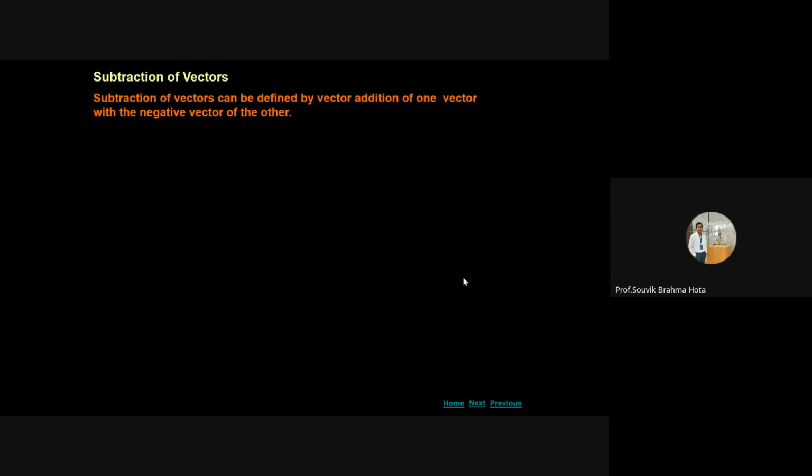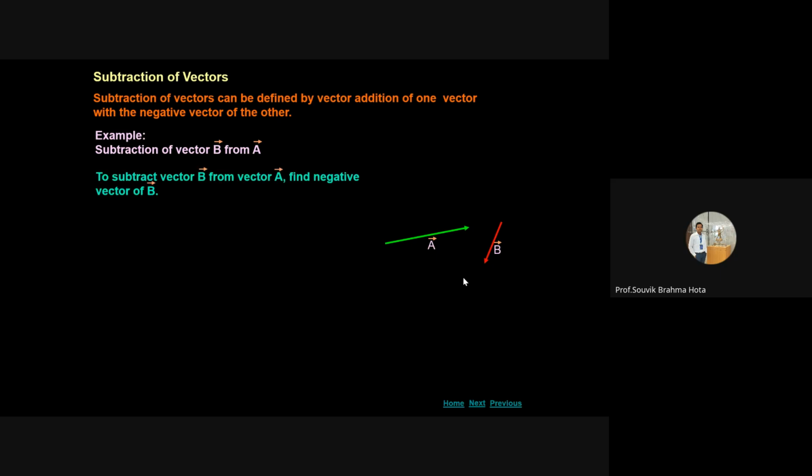Now the subtraction of vectors. Subtraction of vectors can be defined as the vector addition of one vector with the negative vector of the other. Subtraction of B and A. A is this green color, B is like this. Now to subtract vector B from vector A, find the negative vector of B. So first we have to get it like this.